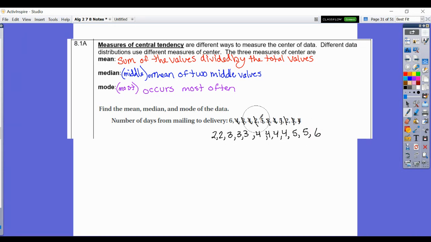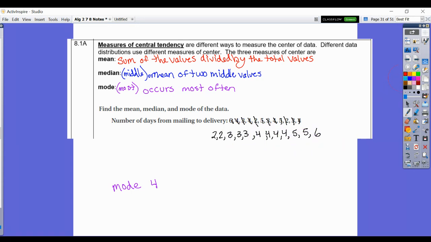So you can kind of tell right now, we probably could answer the mode because I kind of counted them as I did it. So the mode is 4. And it's not because it happened 4 times, it's because the 4 is the number that repeated. So what number occurred the most often is definitely 4.